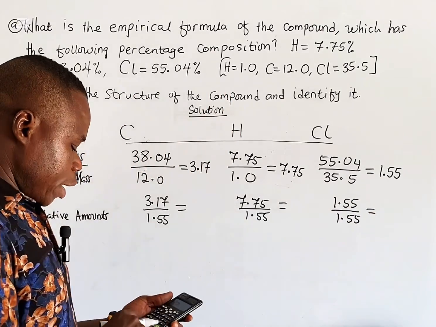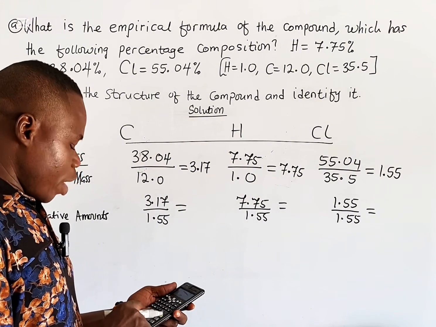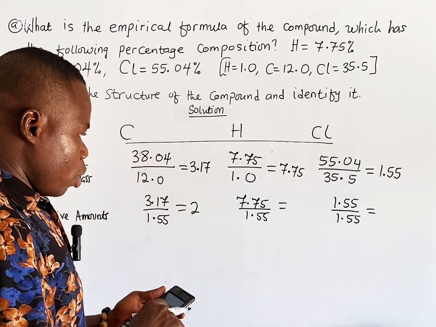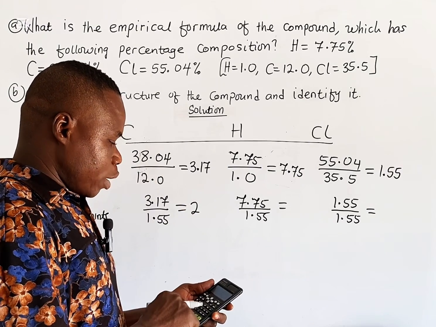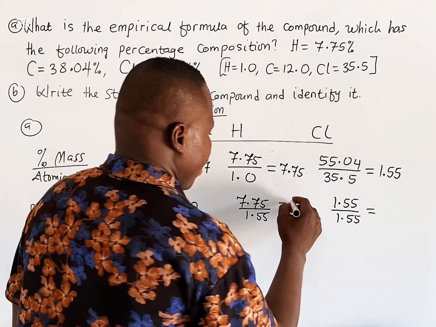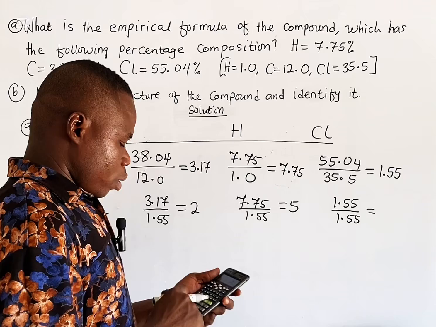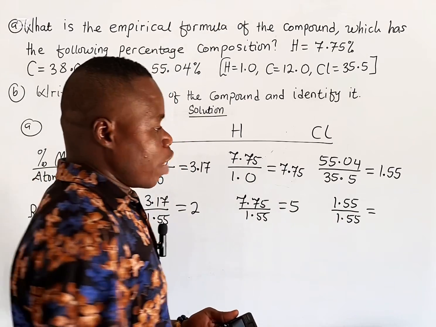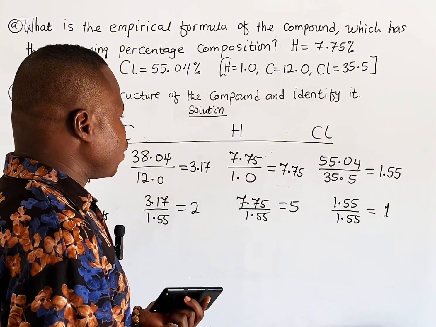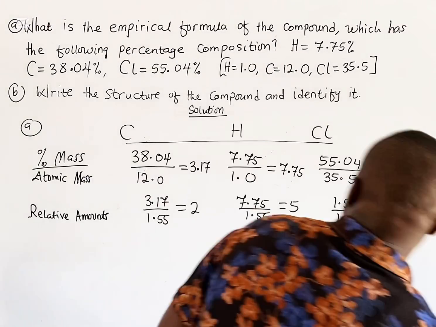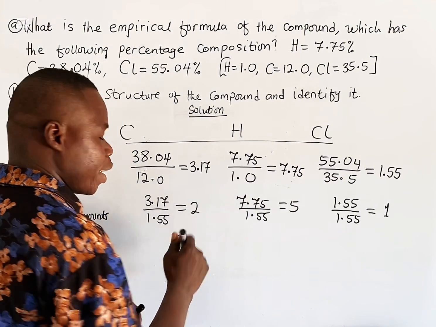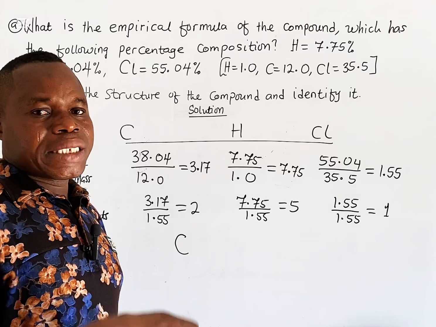Now, let's take 3.17 and divide by 1.55. I'll get 2. Then next, 7.75 divided by 1.55, I'll get 5. Then 1.55 divided by 1.55, the same value, I'll get 1. After getting these values, I'll now write the symbols down and take the values that I had here and write them as subscripts.